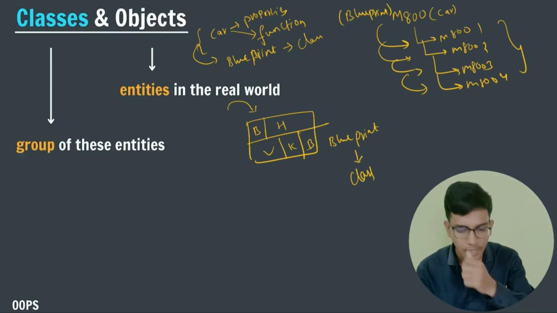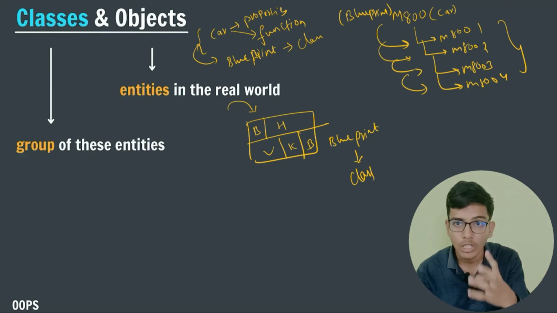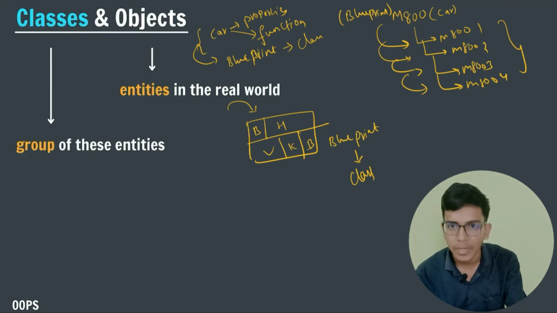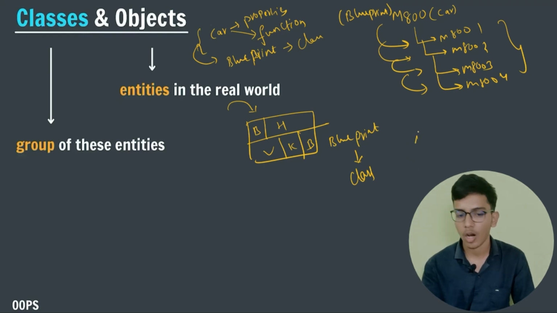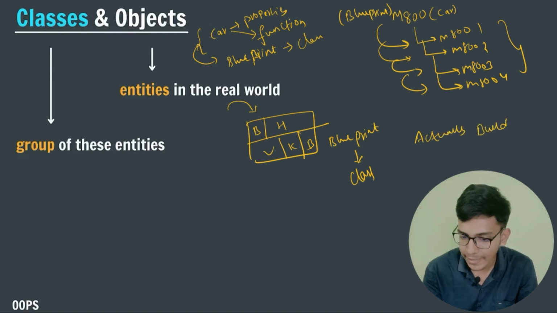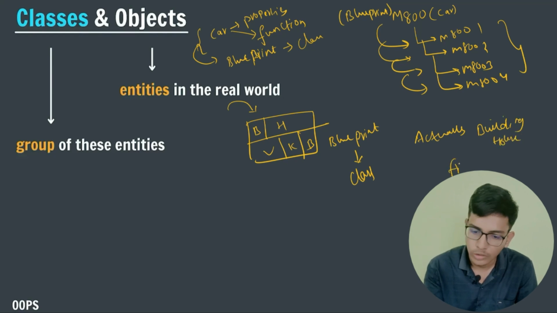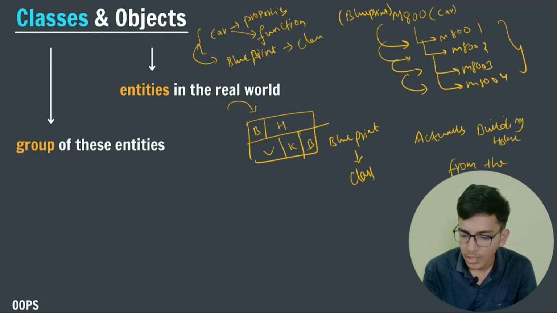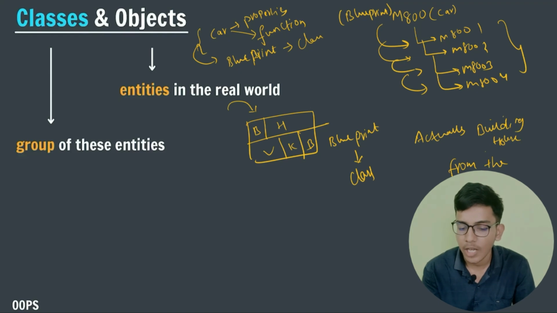After that, actually building our house, actually building our Maruti 800, that is known as object. So actually building the house from the blueprint, this thing is known as object.